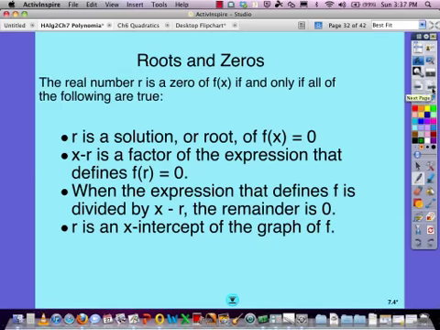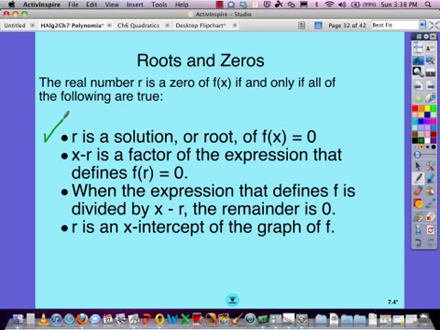So roots and zeros. The real number r is a 0 of your function if and only if all the following are true. And we've been working on these. r is a solution or a root. x minus r is a factor of the expression that defines the 0.